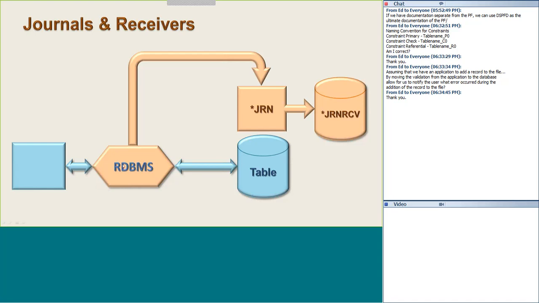So what happens is that an image, both before and after image if it's an update, will get placed into the journal and via the journal into the journal receiver when the update to the table has been completed.